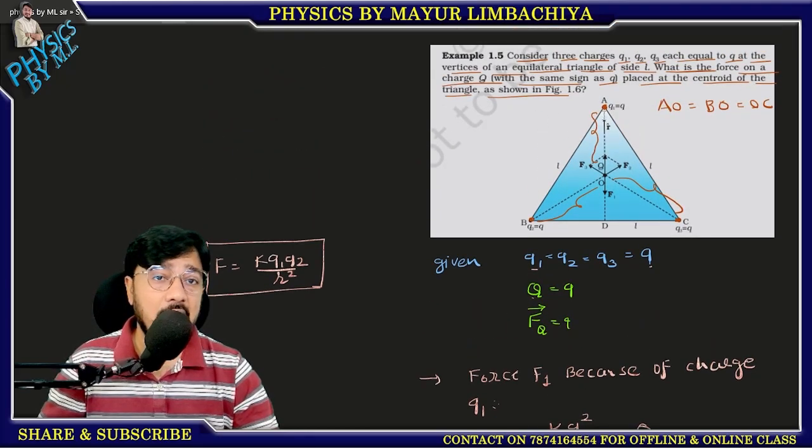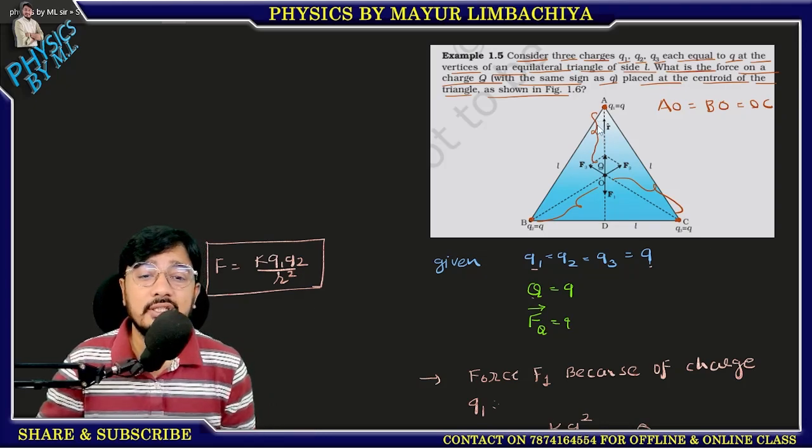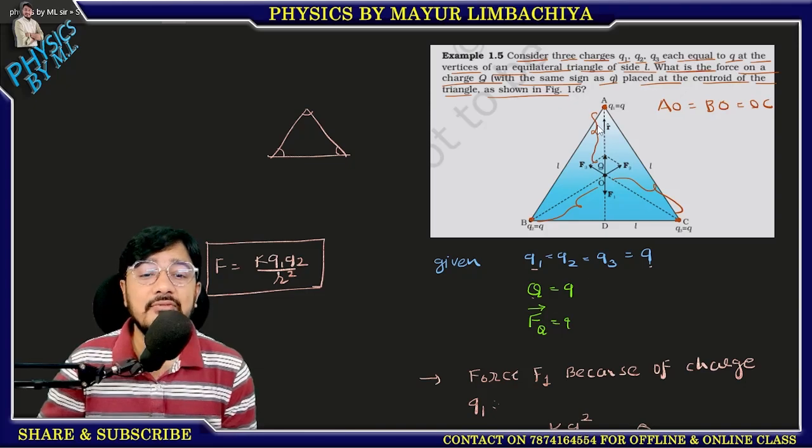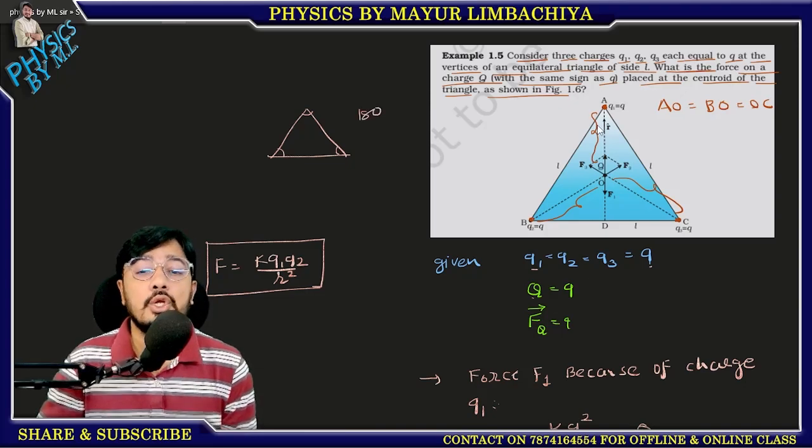Yes, I can. How? If you have a triangle, and it is an equilateral triangle, we know that the summation of all the angles of this triangle will be 180. So the individual angle will be 60 as well.